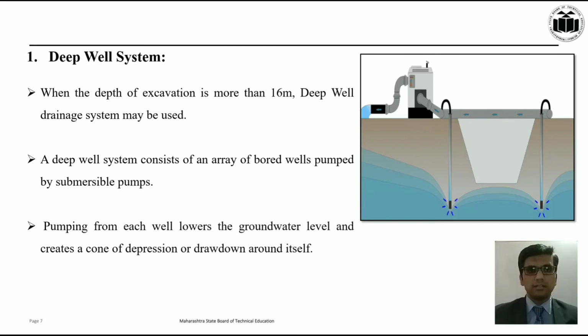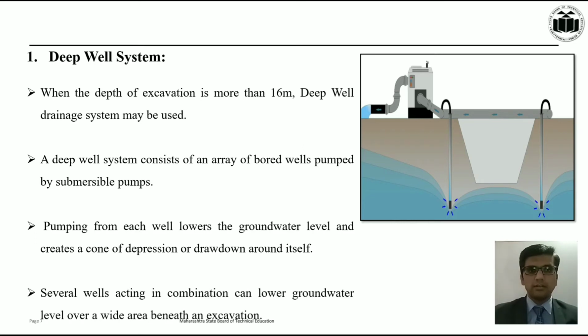Pumping from each well lowers the groundwater level and creates a cone of depression, or drawdown, around itself. In this image, we can see a cone of depression of groundwater level below the foundation trench. Several wells acting in combination can lower the groundwater level over a wide area within an excavation.